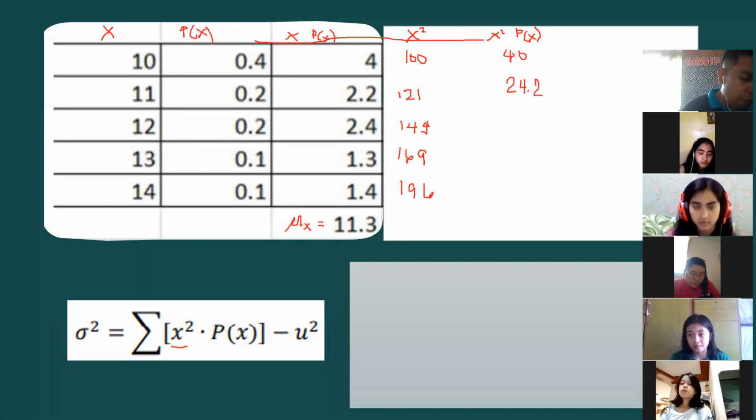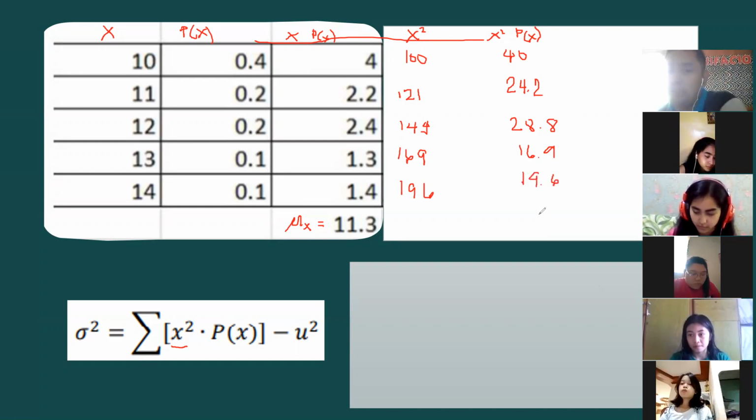Then we have 144 times 0.2 again, that's 28.8. Then 169 times 0.1 will be 16.9. And 196 times 0.1 will be 19.6. Nakasunod po? Thumbs up kung nakasunod.